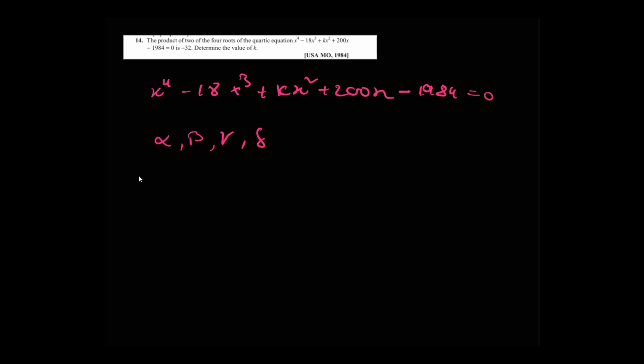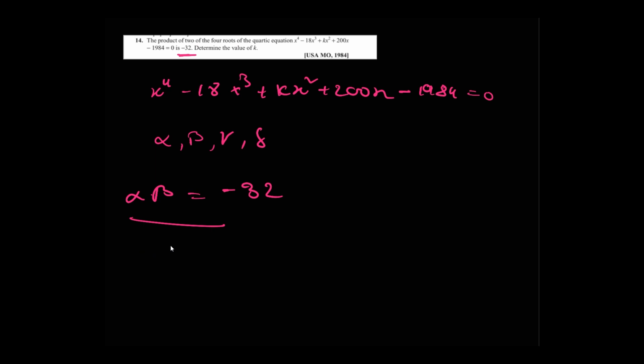Now, if we take the roots of the equation x power 4 minus 18x cube plus kx square plus 200x minus 1984 equals 0 as alpha, beta, gamma, delta, then we get alpha into beta as minus 32, as it is given in the question.